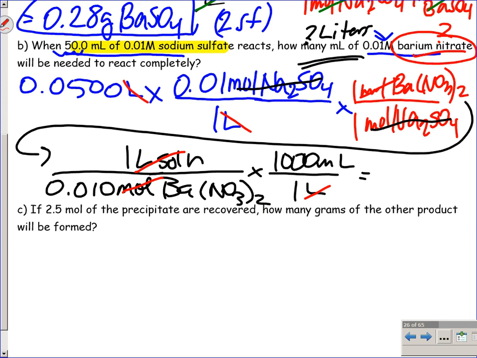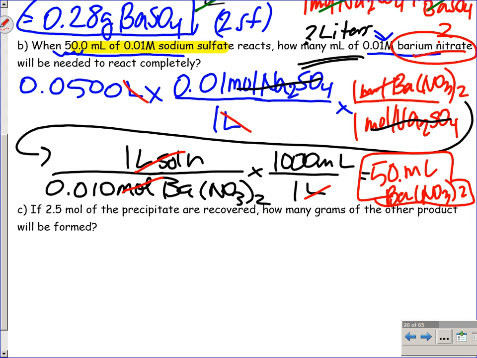Yeah? 50 milliliters? Is that right? I'm just making sure my mental math is there. Yeah. Okay.